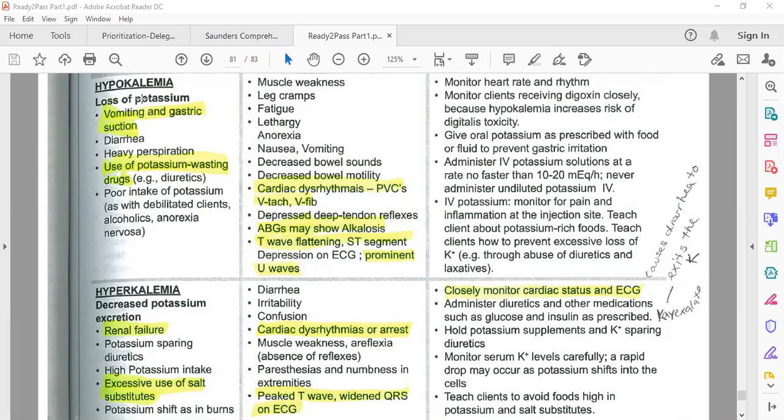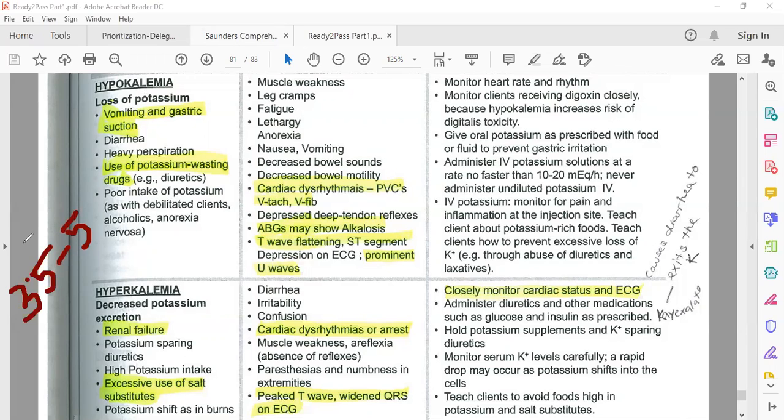So the normal range of potassium is 3.5 to 5 milliequivalent per liter as the unit.